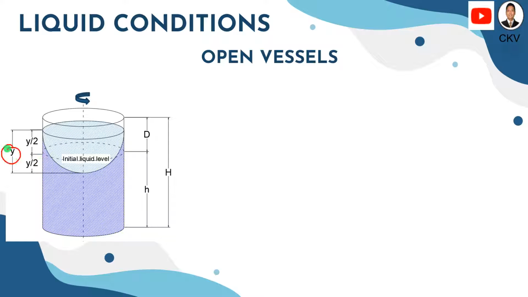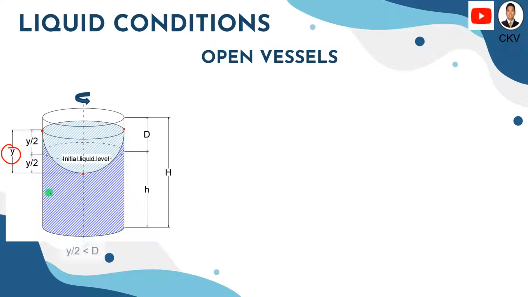So if we have computed y using the formula that I've mentioned earlier, this distance y will be equal above and below, or it is divided equally where the vertex of the paraboloid starts and where it will end. So here are the endpoints of this paraboloid, with a total depth of y.